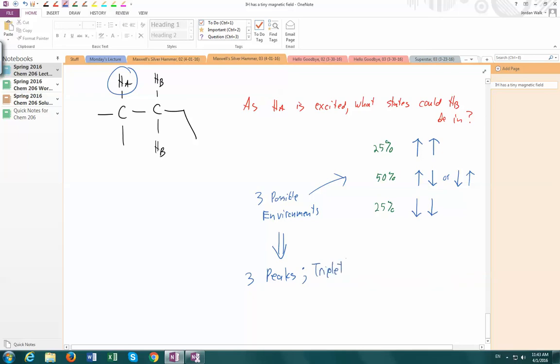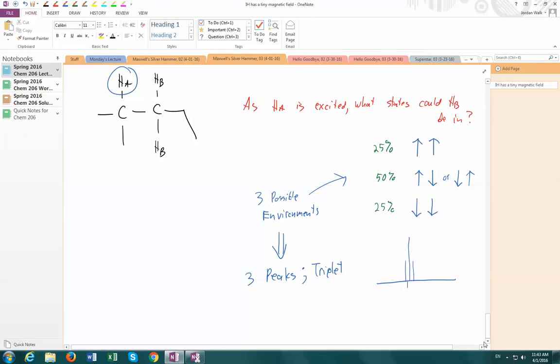And it also goes to explain why we see, as we grow in multiplicity, we start to see different peak areas, right? It's because, well, for one of these cases, it's 25%. For another case, it's 25%. But one of the cases is 50%. So we always end up seeing that middle peak be twice the area as the outside peaks.